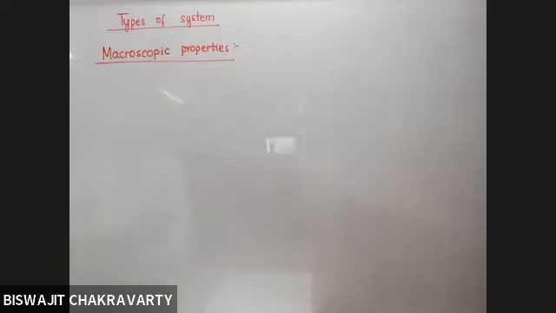It's not a new term to us because in atomic structure we have learned about microscopic particles where de Broglie's hypothesis and Heisenberg's uncertainty principle were applicable. But here we are talking about macroscopic properties. Macro means large, micro means small.